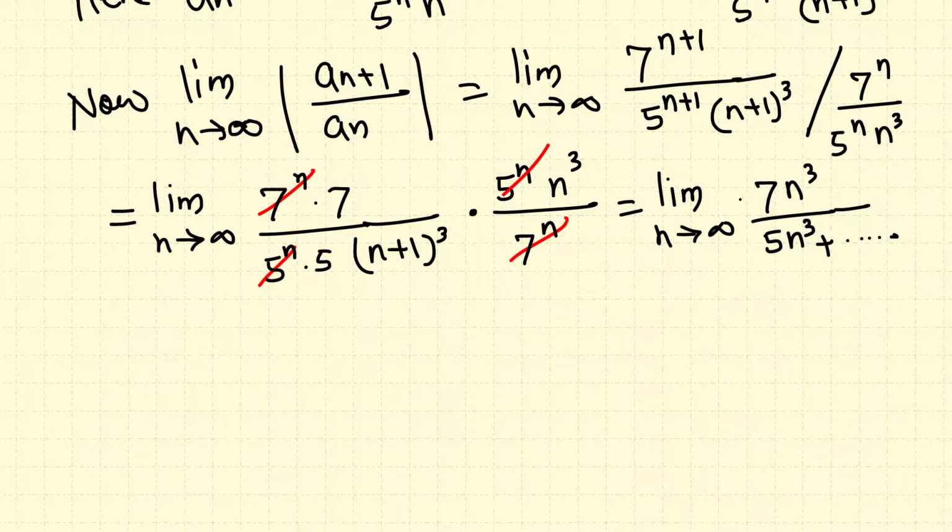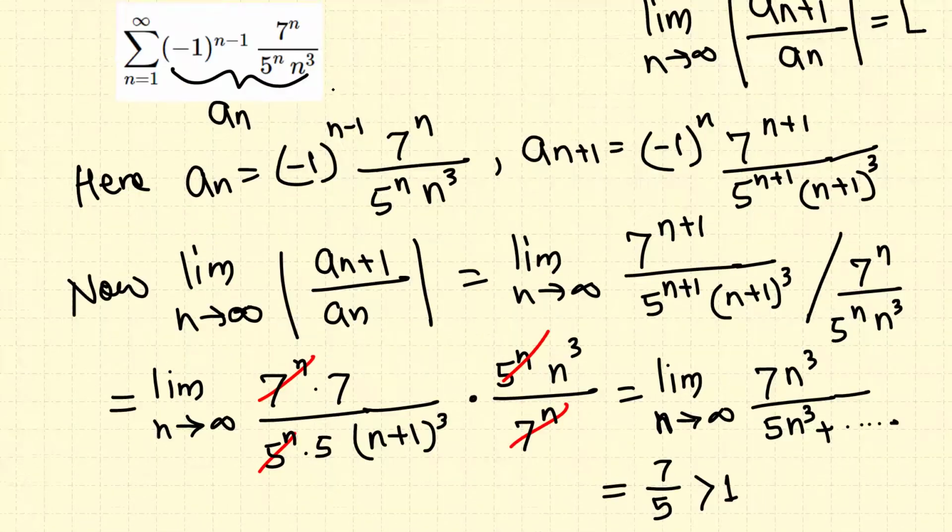Okay, 5 n cubed. Now this limit has the same exponent n cubed, so it's 7 over 5. These terms do not matter because they are lower power terms, and when n goes to infinity they do not matter. Just 7 over 5. Oh, that is bigger than 1.